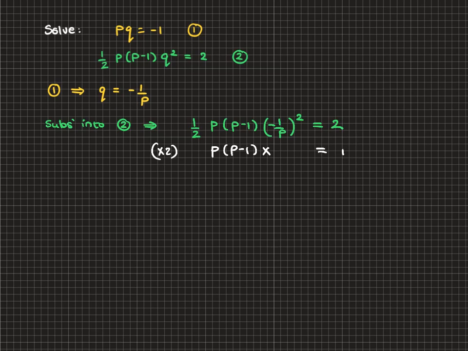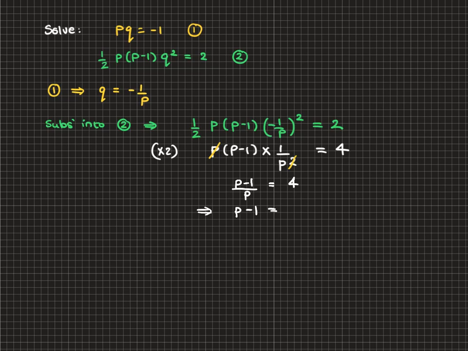The right-hand side will, of course, become 4 as a result, and then squaring this bracket here gives me 1 over p squared, which will allow for cancellation here. So I end up with (p minus 1) over p equals 4, which is actually a much simpler equation than the whole thing looked like to begin with.